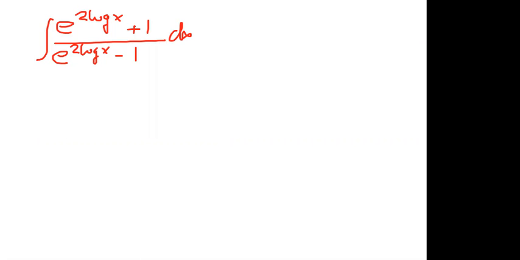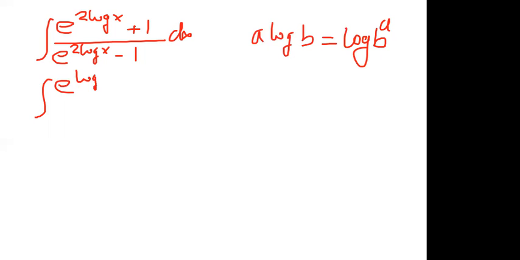We know one concept very well, a log b. A log b can be written as log b to the power a. So this thing we are going to do. So it will become integral e to the power log x square plus 1 upon e to the power log x square minus 1 dx.